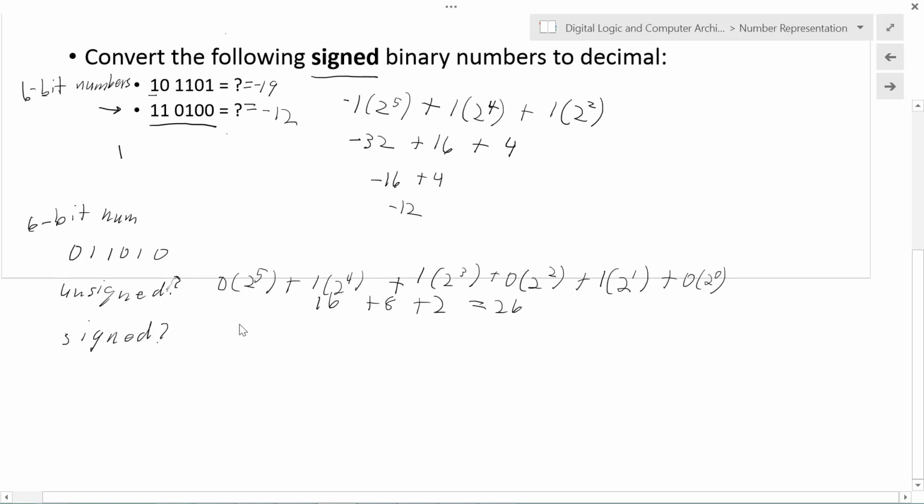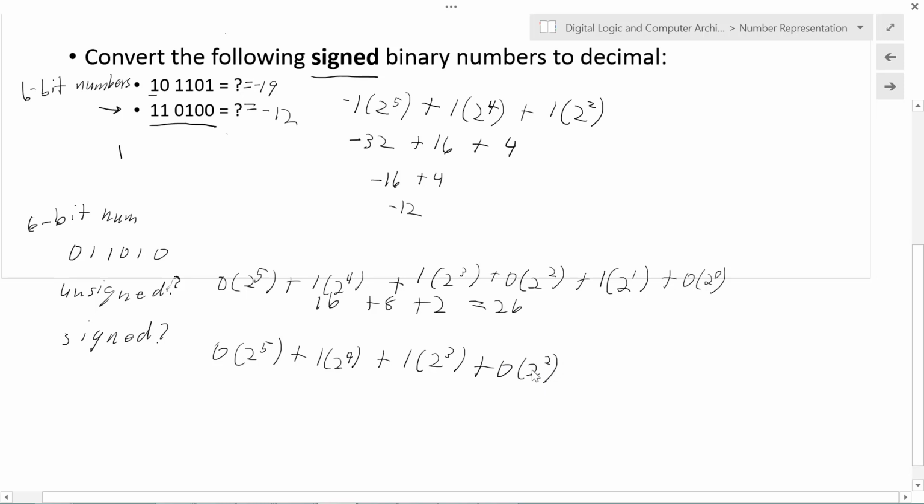What about the signed version? Well, we have 0 times 2 to the 5 again, plus 1 times 2 to the 4 again, plus 1 times 2 to the 3 again, plus 0 times 2 squared.